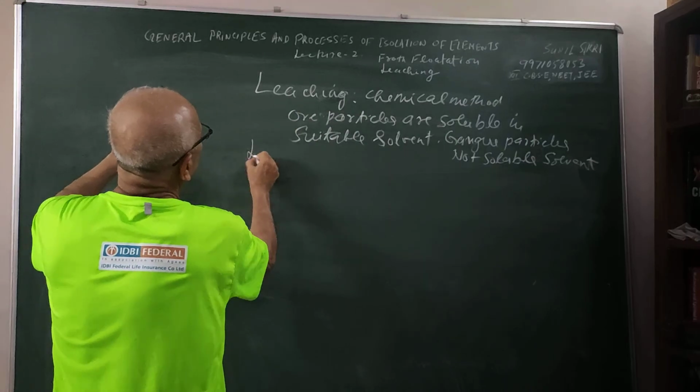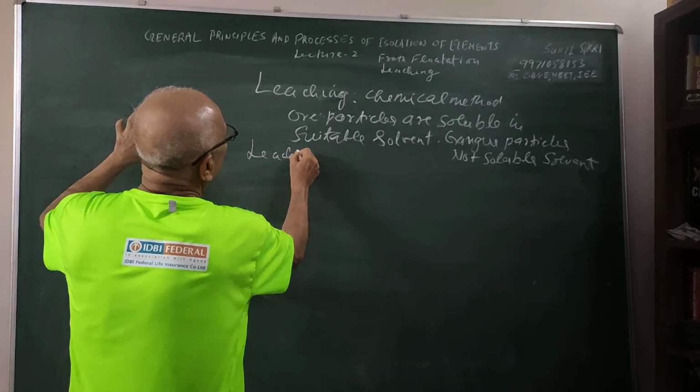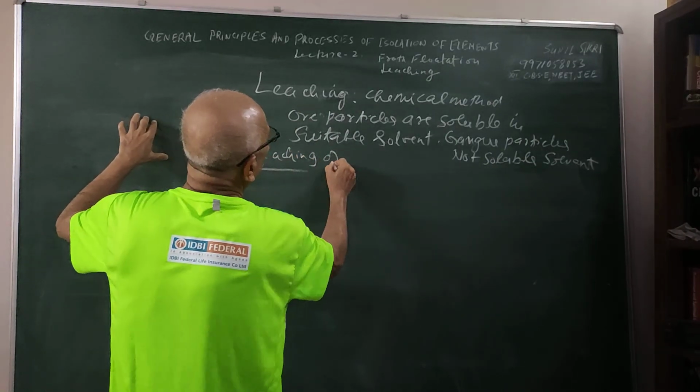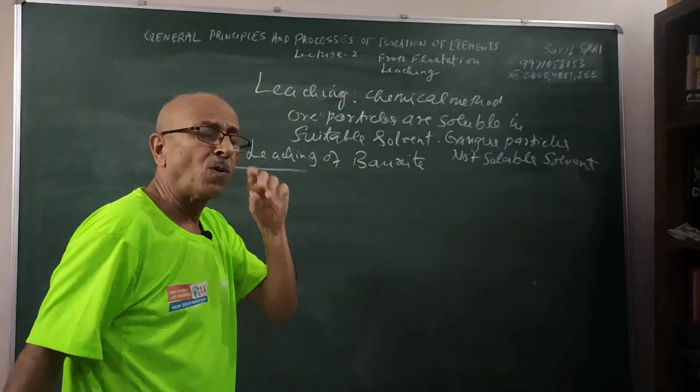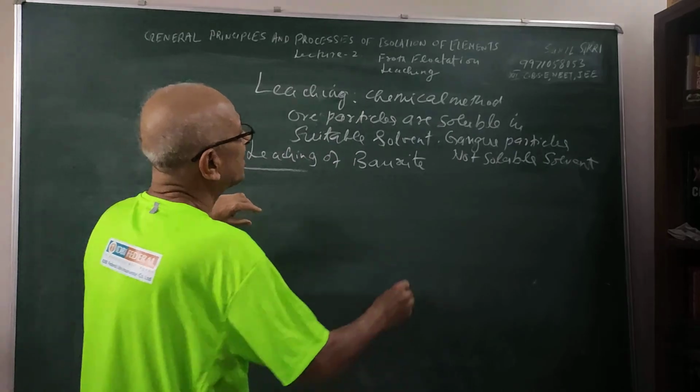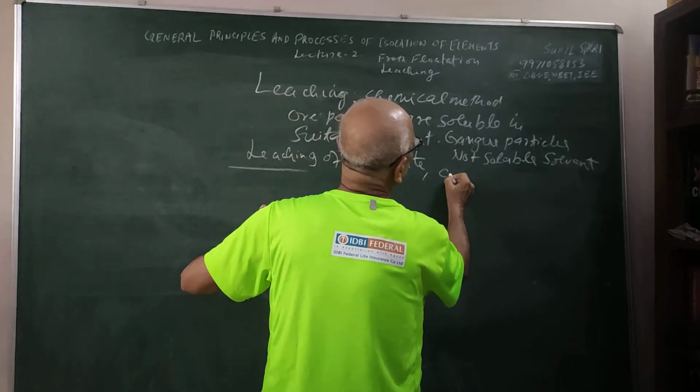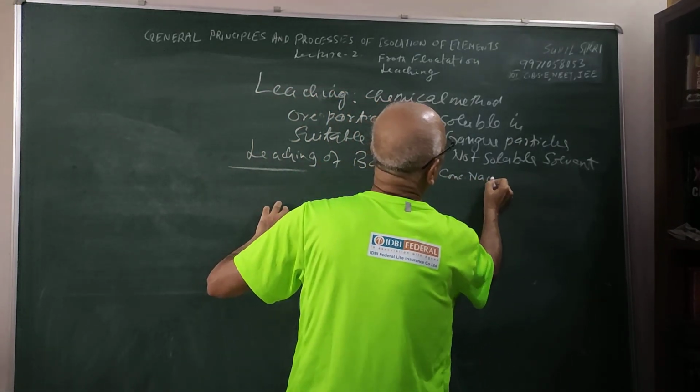So let us see the leaching of bauxite ore. The most important ore of aluminium is bauxite. The leaching of bauxite is done by treating with concentrated sodium hydroxide solution.